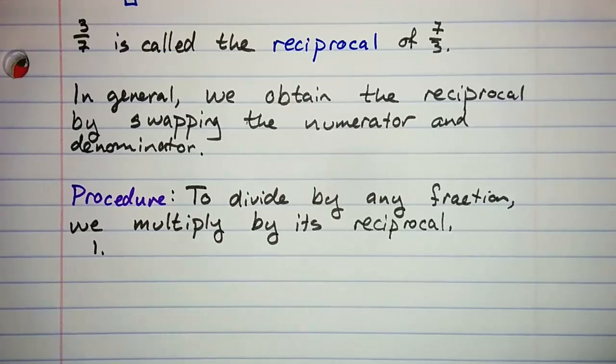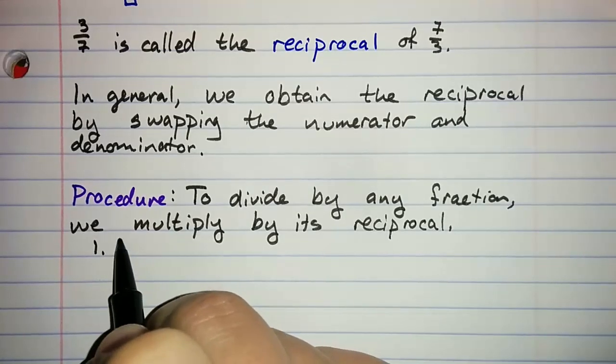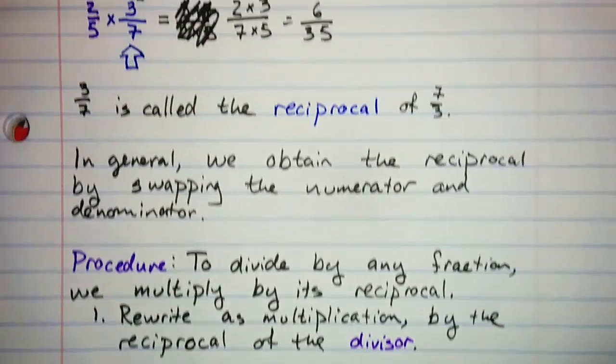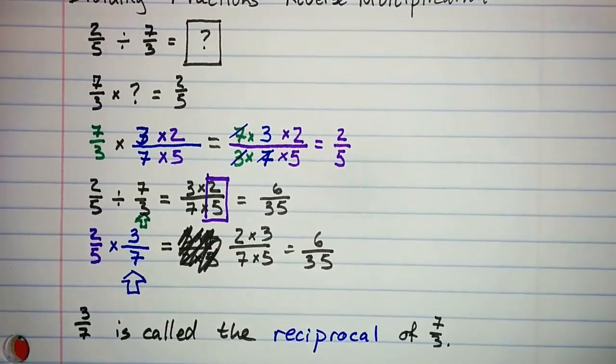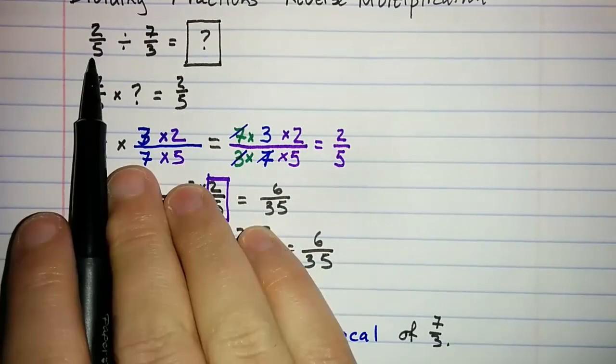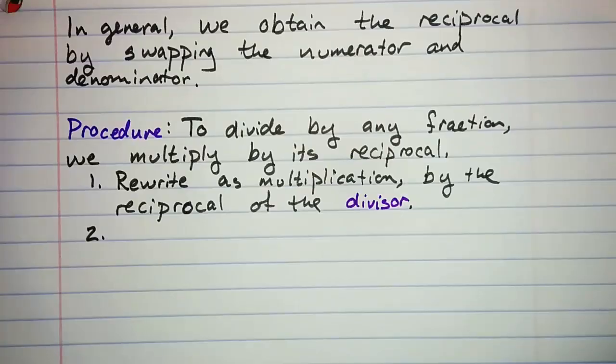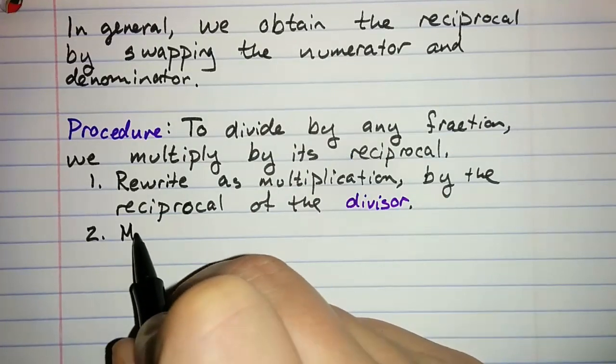So the steps are, first we rewrite as multiplication, taking the reciprocal of the divisor. Again, notice, we took the reciprocal of the number we were dividing by, not the reciprocal of the dividend. The dividend stayed put. And then once we've done that, we multiply normally.